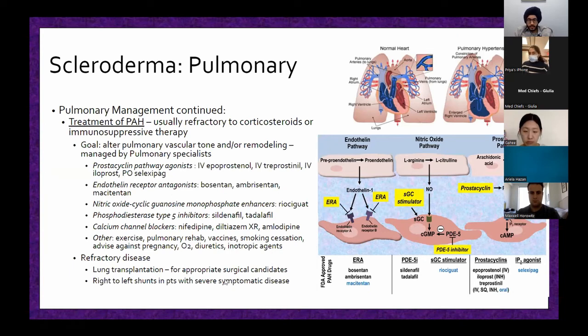Last resort is lung transplant, not available to everybody, especially if there's other organ involvement, but an option, and something to think about early on if somebody's disease is really refractory or progressive. Each of these, I won't go into, but they target different pathways to help with vasodilation and pulmonary hypertension.